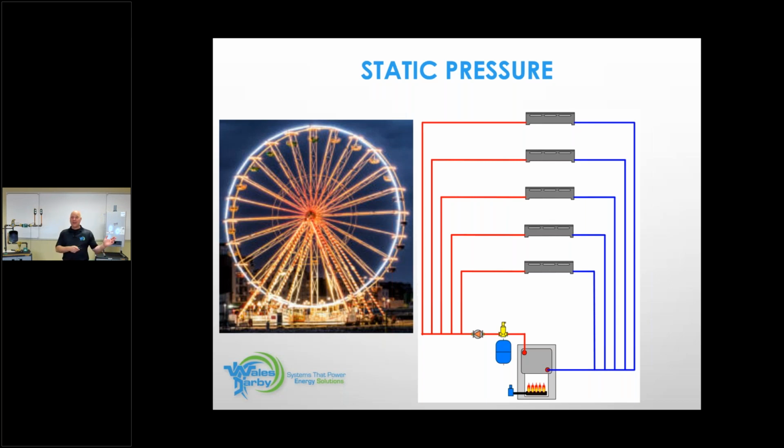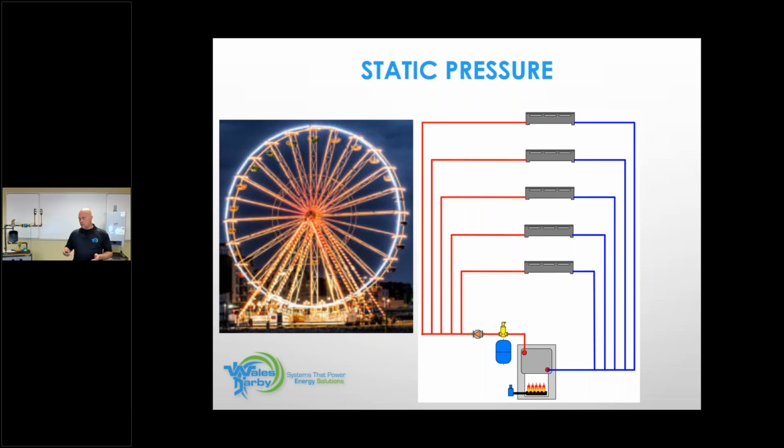On the outlet side of the circulator is where we really want to change the pressure. So when we turn this circulator on, we want to see the positive side of the circulator, which is this side leaving the circulator, and we want to lift the water up. As we're lifting that water up, this water is pushing down. So it is just like that Ferris wheel right next door. We don't need a gigantic circulator, just like this Ferris wheel doesn't need a gigantic motor in order to make that happen. We just have to get the thing flowing.